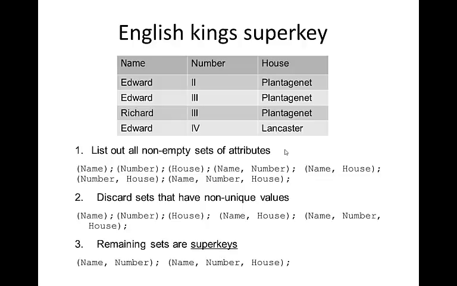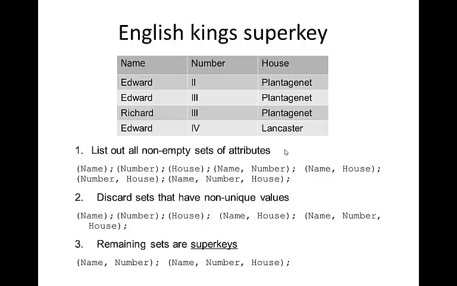Edward the second was a Plantagenet, Edward the third was a Plantagenet, Richard the third was a Plantagenet. So the combination of house and name cannot uniquely identify each row. These 2 Edwards are Plantagenets, so there are duplicate rows if we take those fields together. So we discard the combinations that have non-unique values.